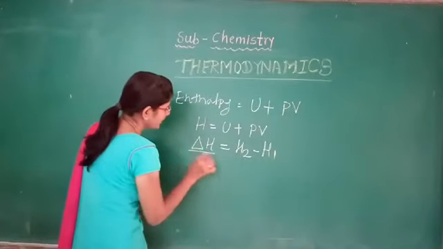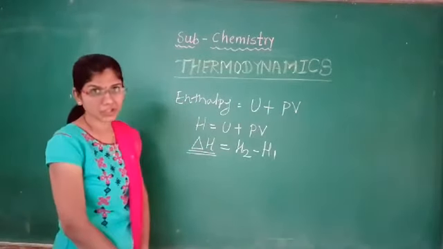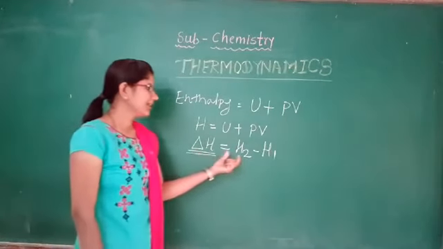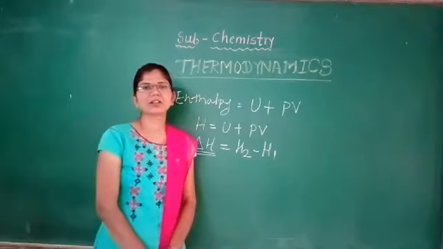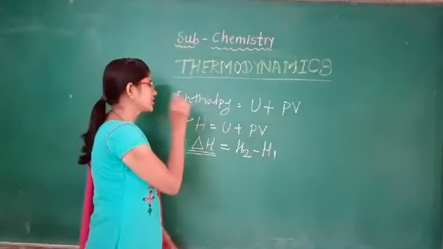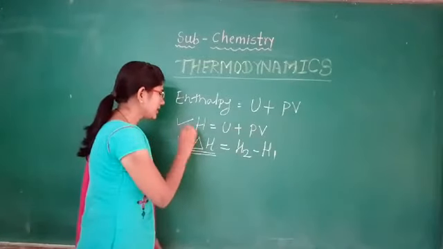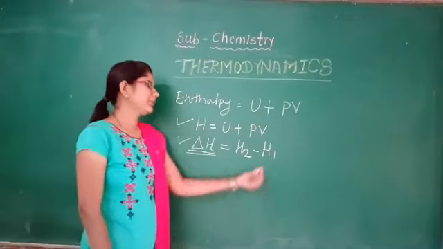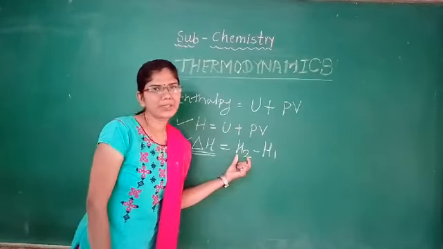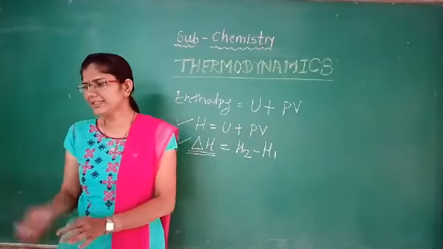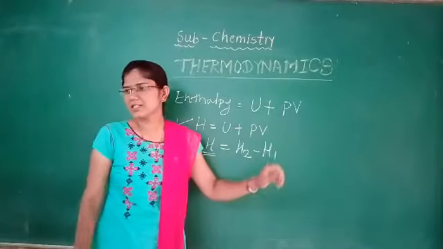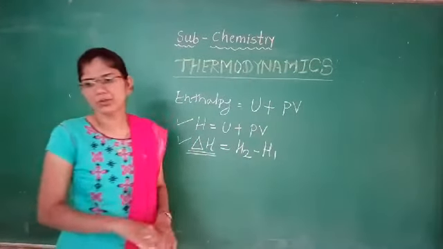Therefore the change in enthalpy is also a state function, meaning it depends on the initial and final state. So, enthalpy is the sum of internal energy and the energy that arises due to the pressure and volume.